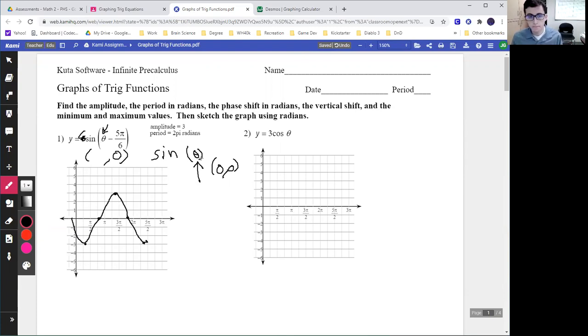Well, I have to make it so that this is kind of counting like 0. Right? So over here on this one, I can just count theta as 0. On this one, I have to put in a larger number. I have to put in 5 pi over 6.